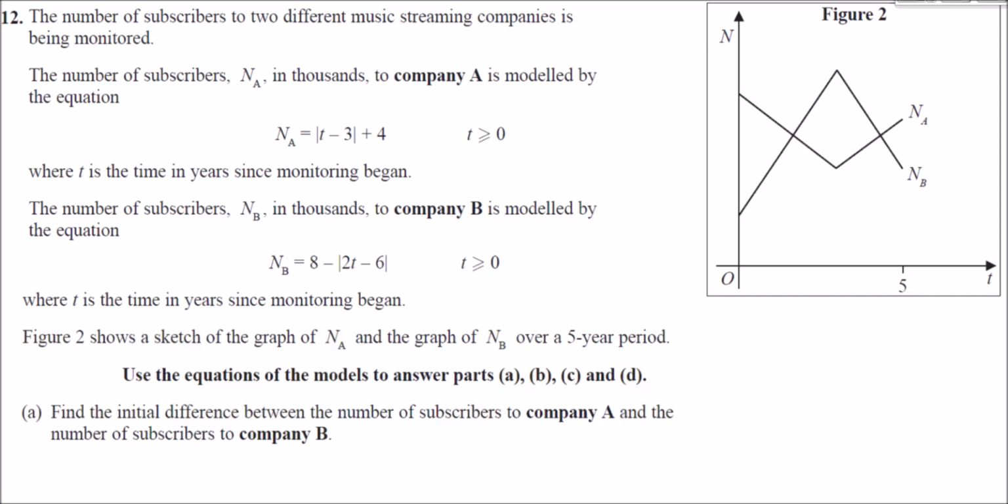So the initial difference just implies when time is equal to 0. So when the time is equal to 0, we can just work out what the number of subscribers is going to be. Company A, if I just think of this in red, is the top equation, the number of subscribers company B in blue.